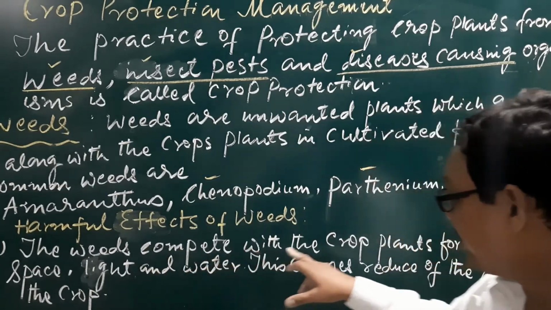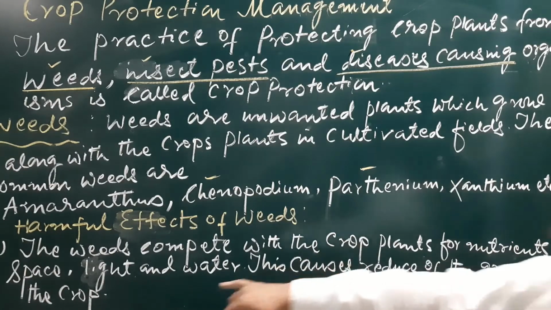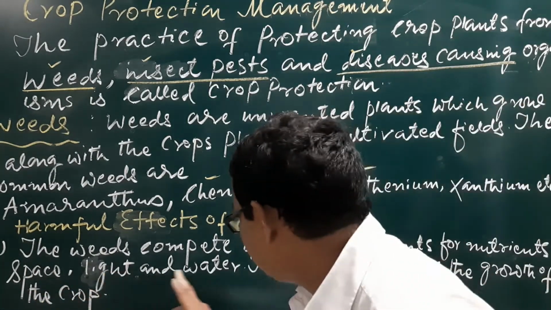The weeds compete with the crop plants for nutrients. We will provide nutrients to our main crop, but those nutrients will also be taken by the unwanted weeds. Space, light and water as well.